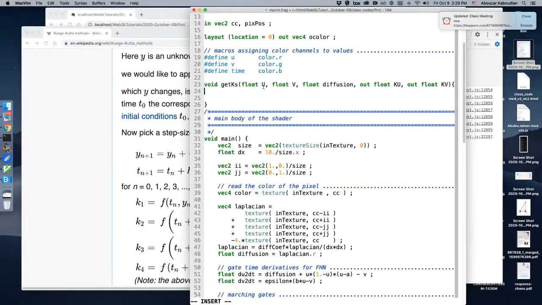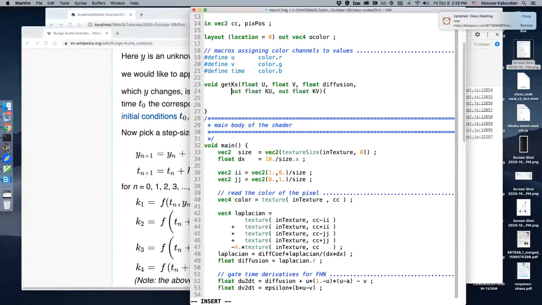So if I pass the U and V, these are the inputs. I can have these bunch of outputs, KU and KVs, that I can calculate at each time step. So KUs and KVs are nothing but the derivative with respect to time of U and V.